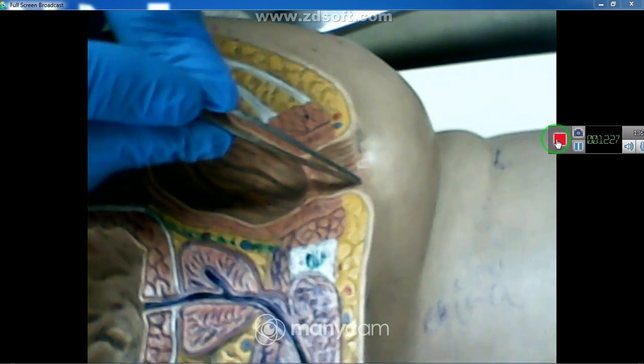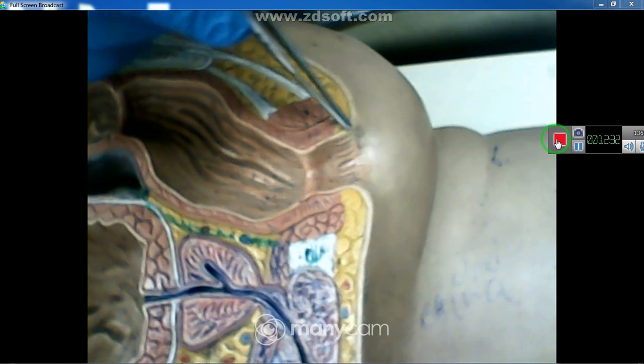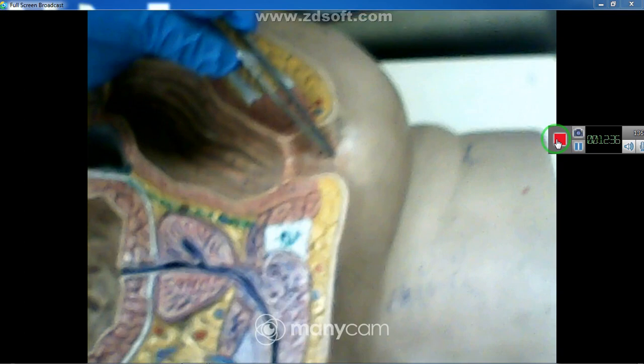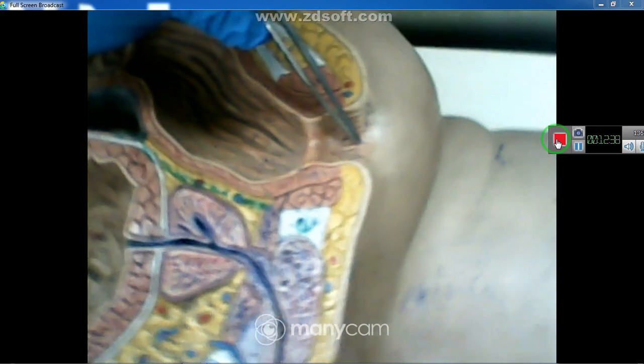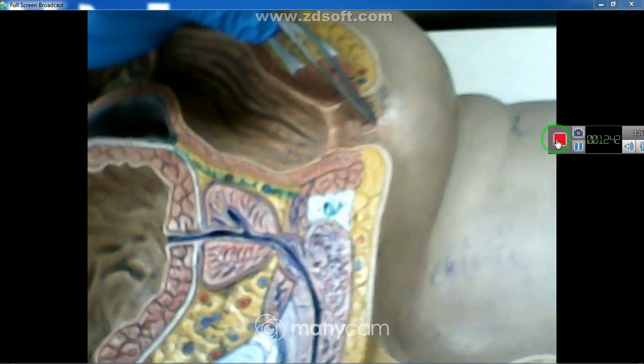This line is very important embryologically because the anal canal above the pectinate line is derived from the endoderm, while the anal canal below this line is derived from the ectoderm.